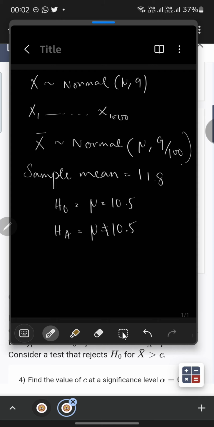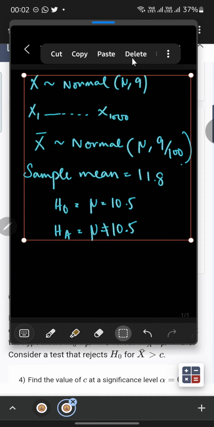I'll just start solving the question here, removing all this part. Now it's the question time. We need to find the test for alpha, considering the options. Let's take the smaller value first: a rejection level of 0.05.